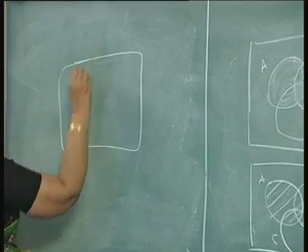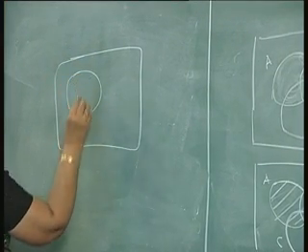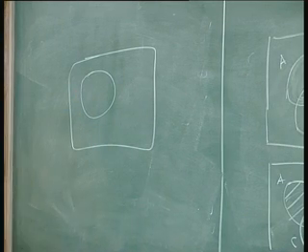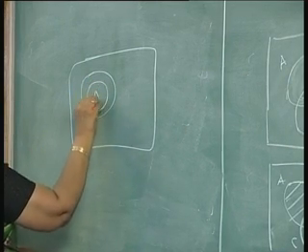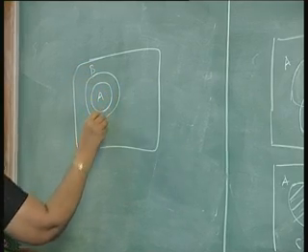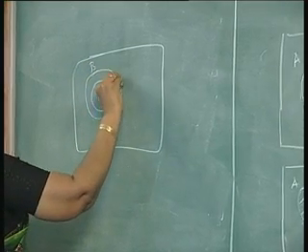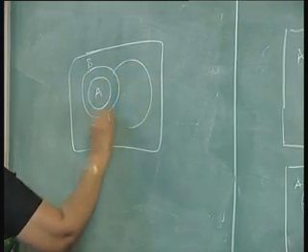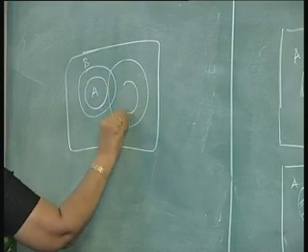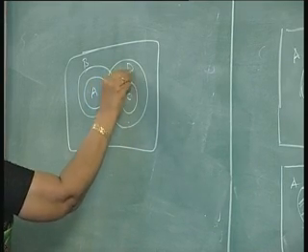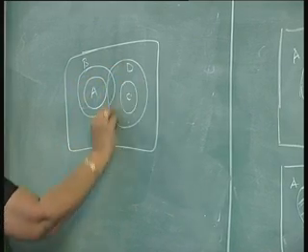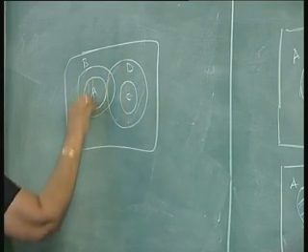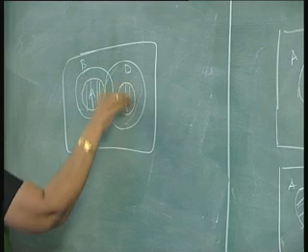For example, consider A is contained in B. So, this is A, this is B. A is contained in B and C is contained in D. B union D is the whole set and A union C is this portion.